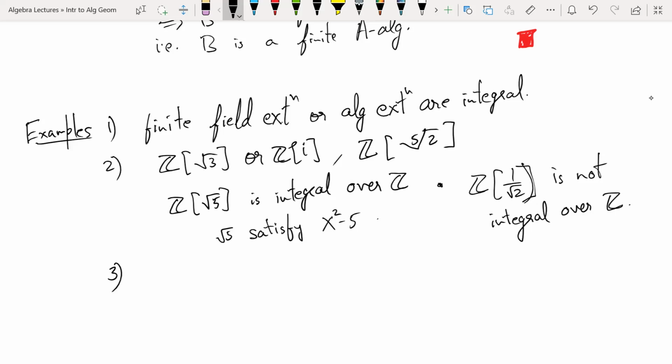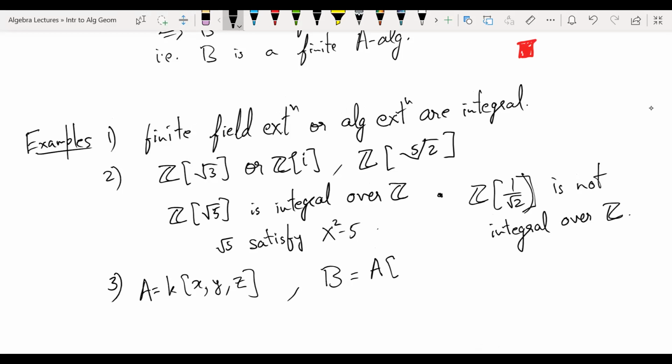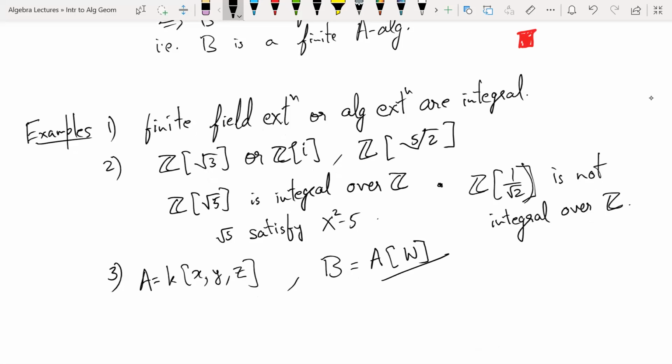So if you have some polynomial ring k[X,Y,Z], and A is this, and B is A adjoin W, maybe mod W to the 5 minus X squared W plus Y, or Y Z W cubed plus X, something like this is going to be integral, because it satisfies a monic polynomial.